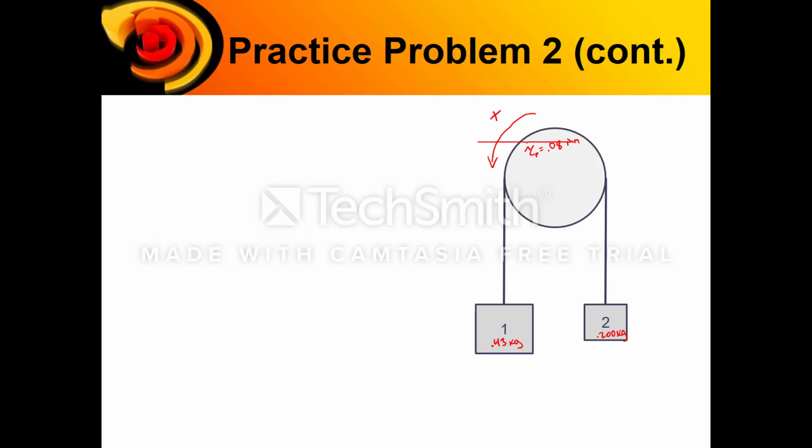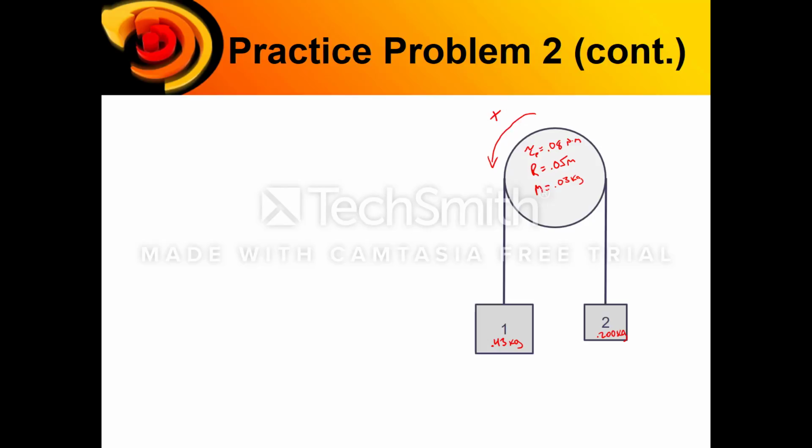Then we have the radius, which is 5 centimeters or 0.05 meters. We've got to watch our units. And our mass is 30 grams, which is 0.03 kilograms. So we've got that information on our pulley.